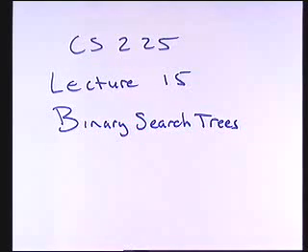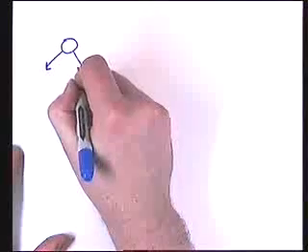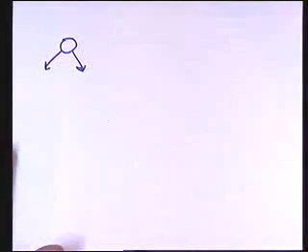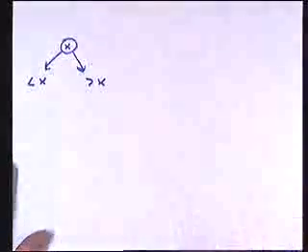Binary search trees are based on a very helpful observation. If we have a node with left and right pointers, we can make use of a useful principle: if we have a value x in the node, we could put things here less than x and put things here if they're greater than x.